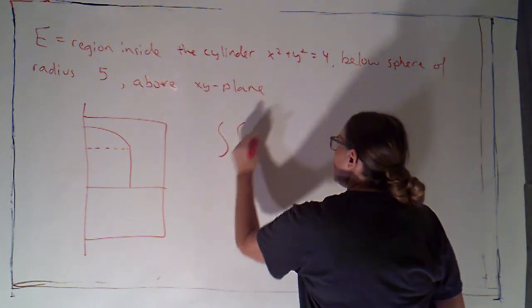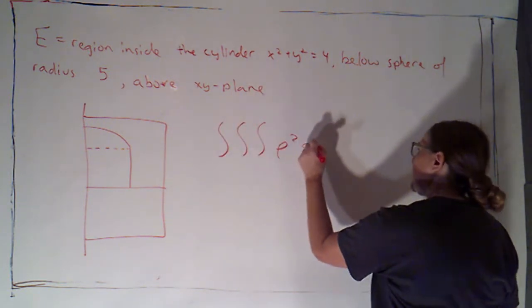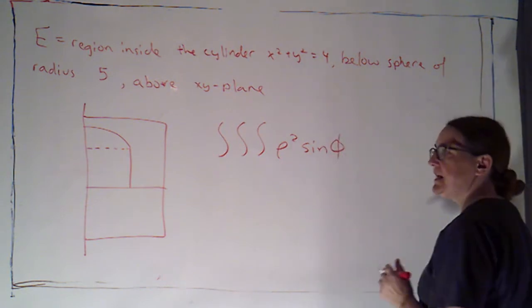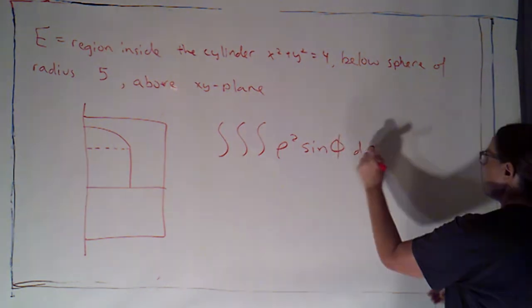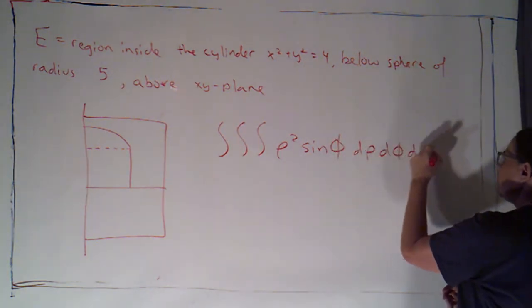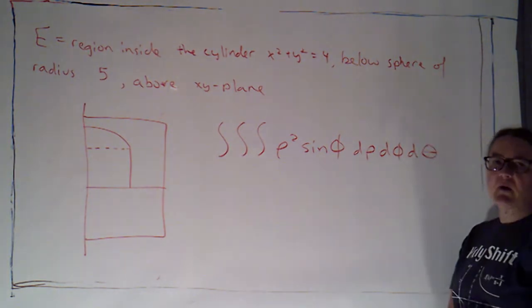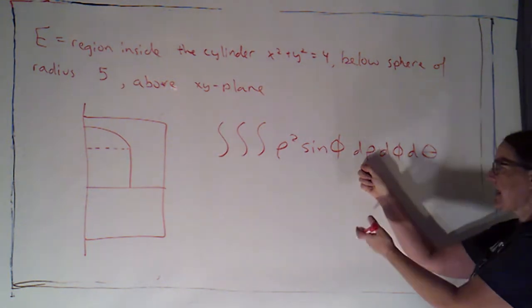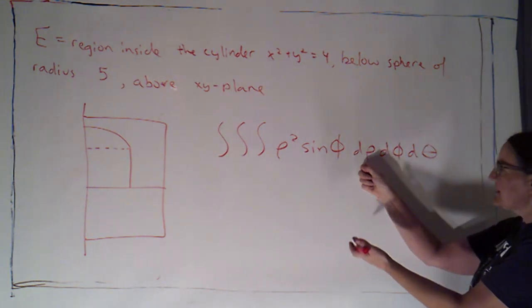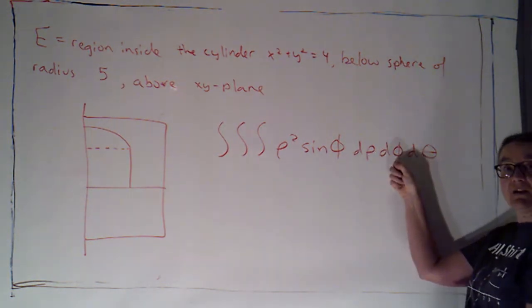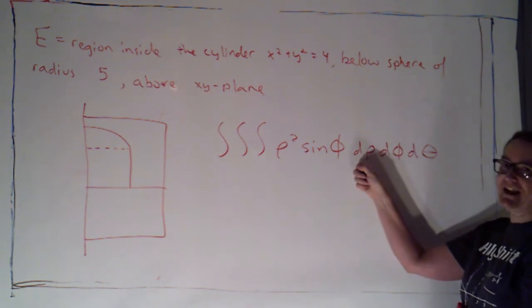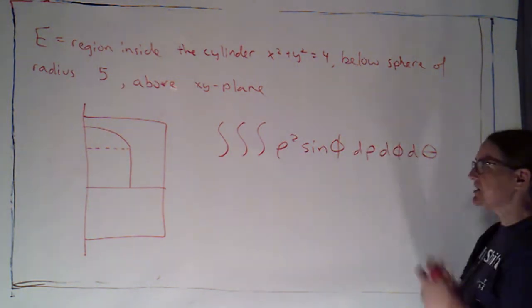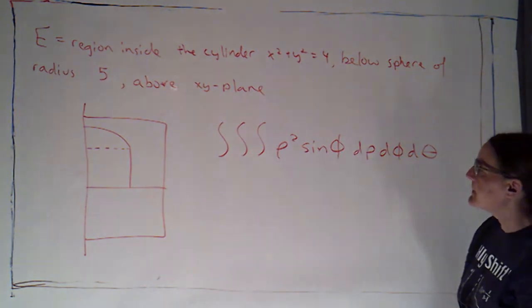I'm going to go ahead and write in that I know I'm going to be integrating rho squared sine phi, and I'm just always going to set it up d rho, d phi, d theta. There's no rule that you have to, but in general, it's much easier to have lengths that are functions of angles than angles that are functions of lengths. So I'm just always going to do it this way.